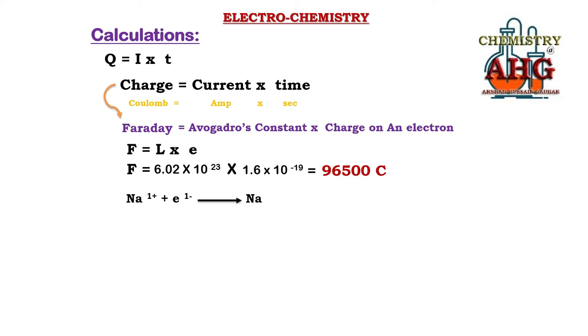So whenever you see in an equation there is 1 mole of electrons, you can write down that 96,500 coulomb charge would have been used for this chemical reaction. Why? Because there is 1 mole of electrons. But if ever you see there are 2 moles or 3 moles of electrons, you can multiply that number by 96,500 coulombs.